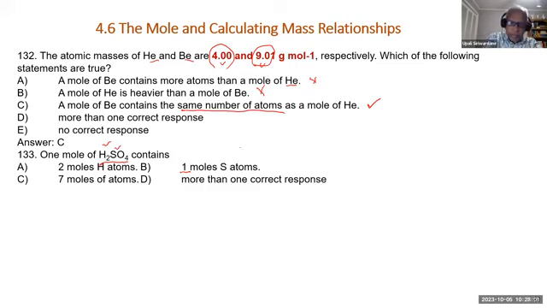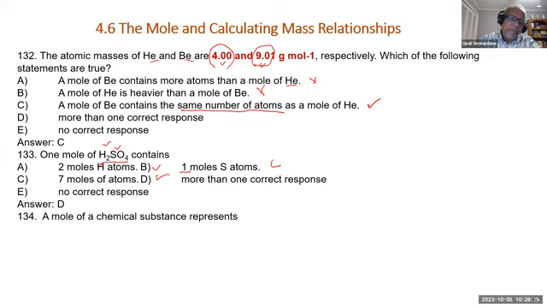That's true. This is true. This is true. Now 7 atoms: if you add them up, 2 hydrogen, 1 sulfur, 4 oxygen, it adds up to 7. So the answer is more than 1 correct response.